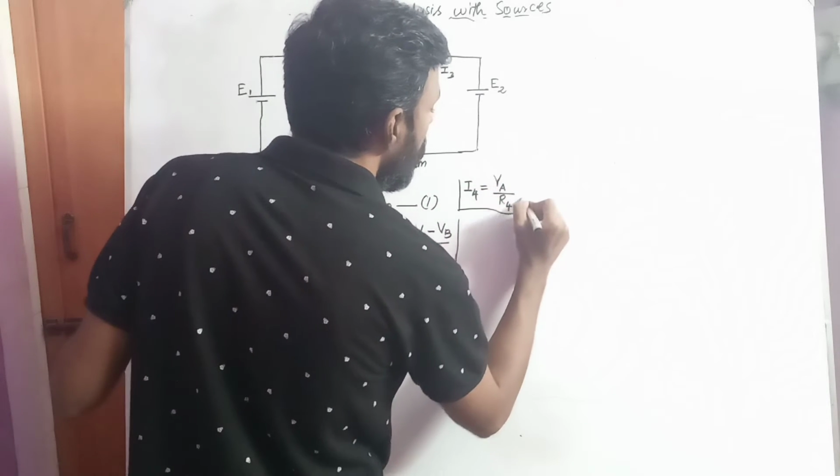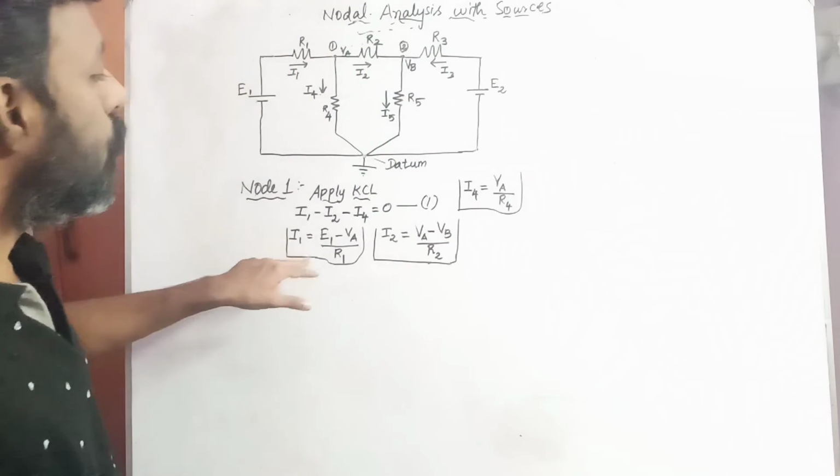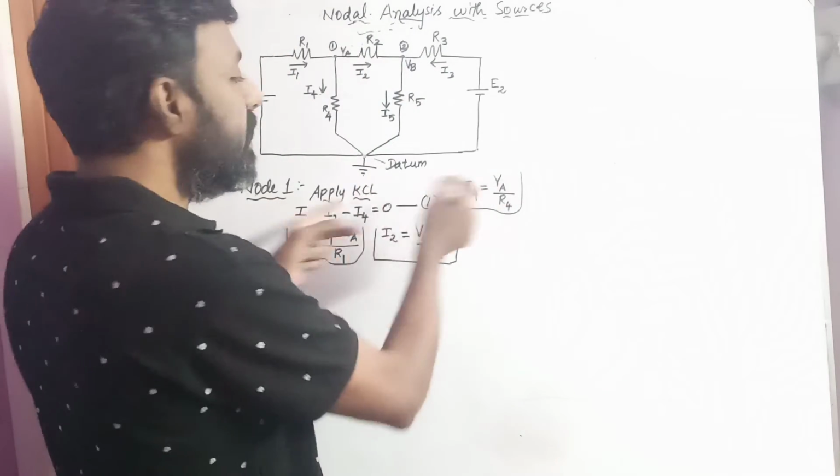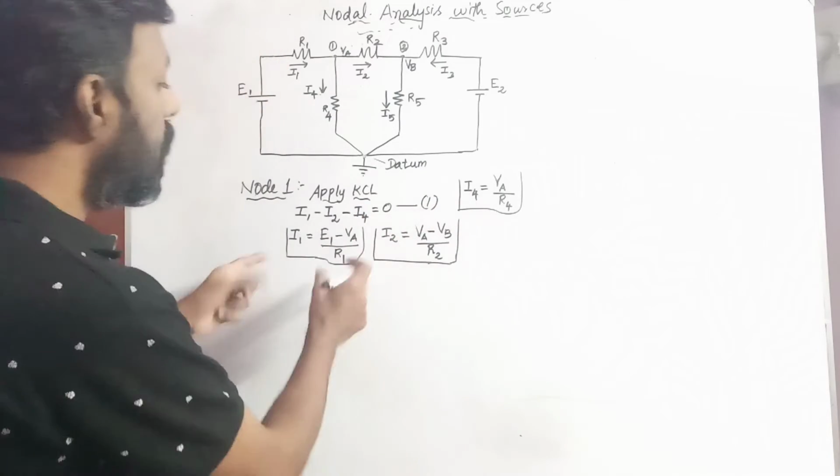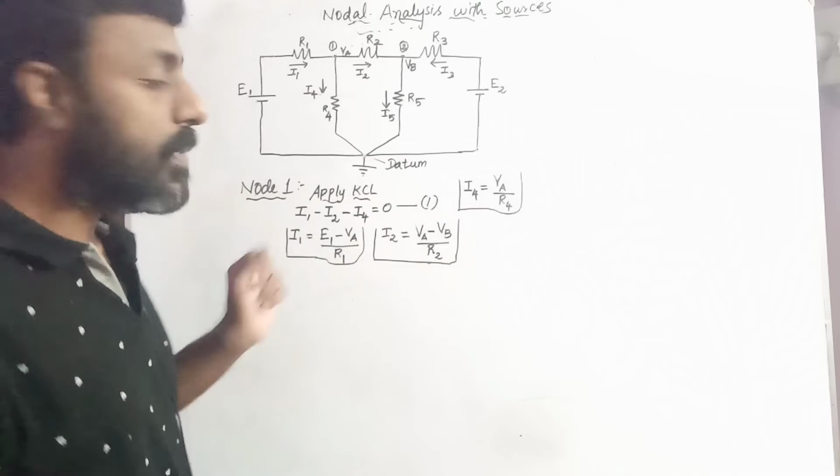So we have found I1, I2, I4. These are the three parameters that we need to find in order to solve the equation. So I am substituting these values in equation number 1.